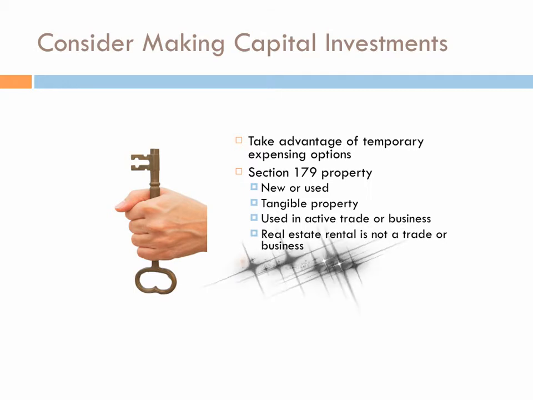Another expensing option available for property placed in service during 2012 is bonus depreciation. Property qualifying for this option can be expensed at 50% for 2012, and the remaining 50% can be depreciated over time. This expensing option is available without a taxable income limitation.